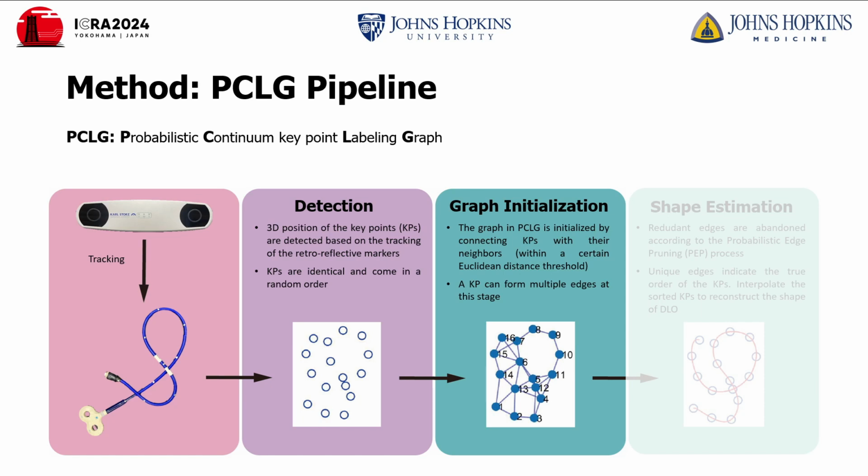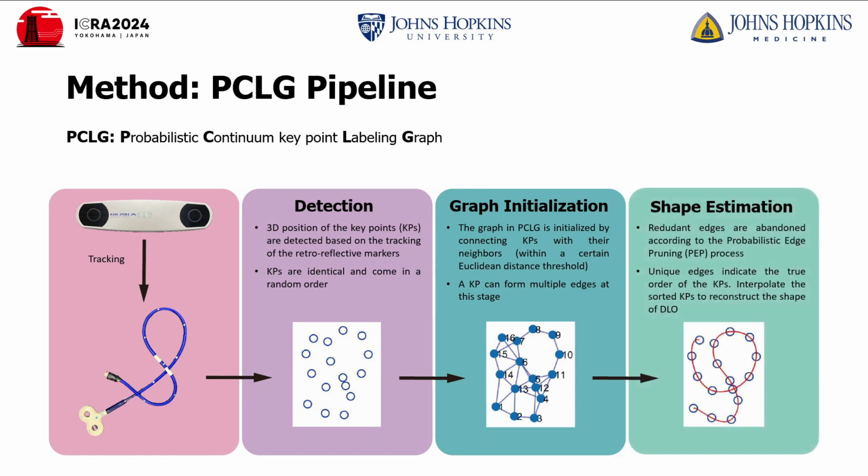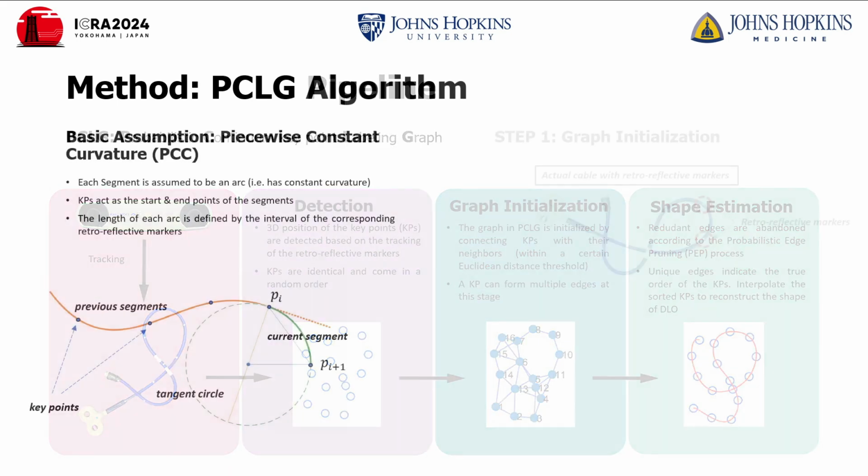At this point, we would have a graph with a lot of redundant edges, and each KP can have multiple edges. Last, we apply probabilistic edge pruning, PEP, to cut the redundant edges and reveal the real connection in the graph. PEP is the core component of PCLG algorithm, and we will introduce it in the next slides. The shape is estimated through piecewise interpolation of the processed graph.